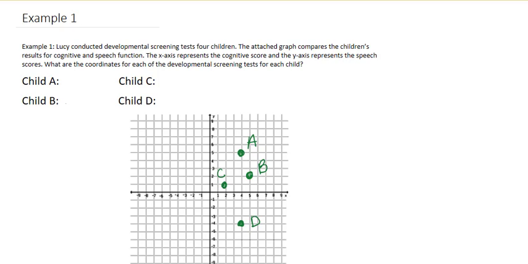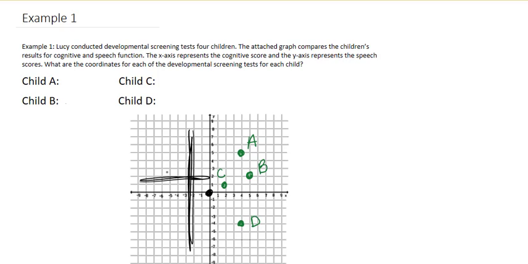So, child A, when we look at this coordinate plane, we start at the origin, which is right here in the middle. The horizontal line is like this, and the vertical is this, right?